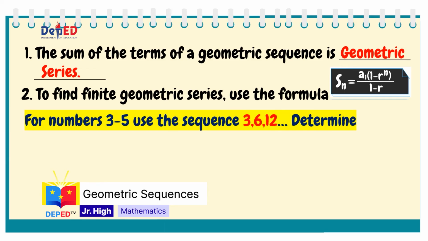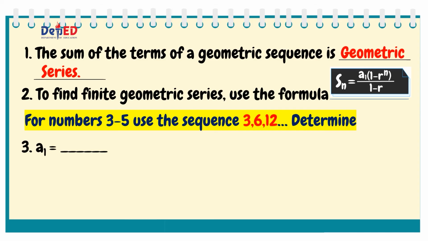For the next numbers, 3, 4, and 5, use the sequence 3, 6, 12, and so on. Determine what is the first term. Correct, that's 3. How about the common ratio?